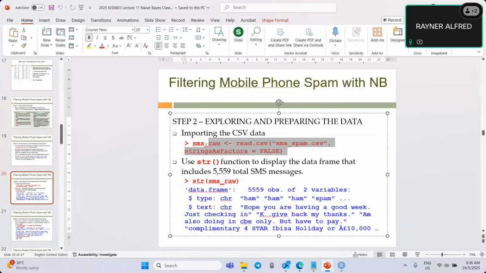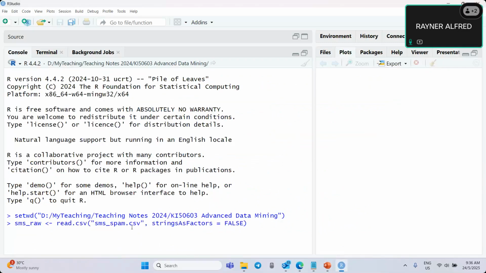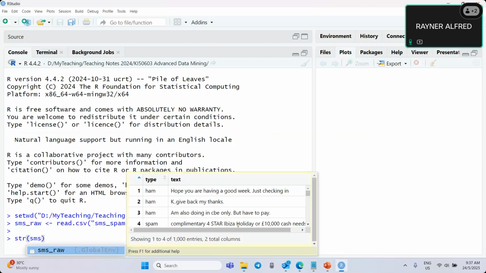First I will read my file. For this one, I'm reading from my active directory. Setting strings as factors to false means that all the strings of characters will be maintained and not changed to factors. If you look at the structure of the SMS data here, we have type and text.